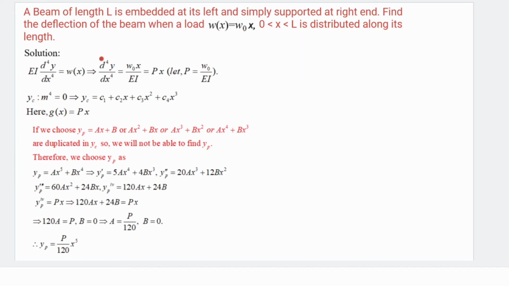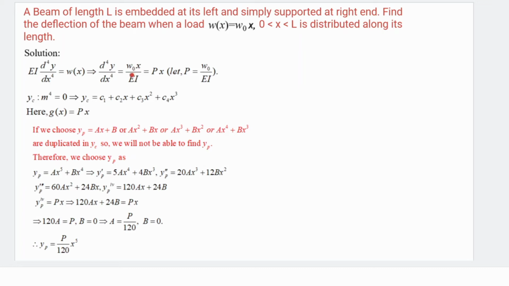So we choose the model equation, fourth order linear differential equation, EI d4y dx4 is equal to w(x). So we put in the given w, then we divide by EI. So finally we get d4y dx4 is equal to w naught x by EI.